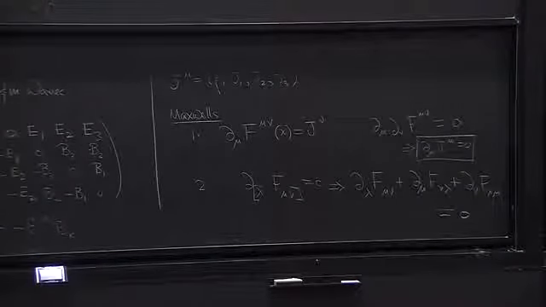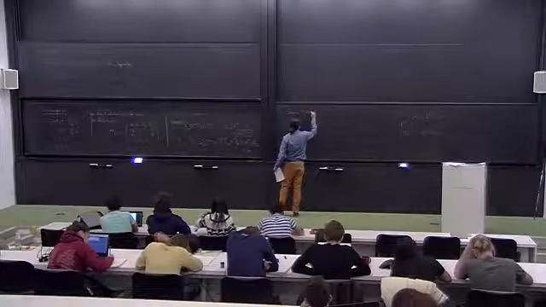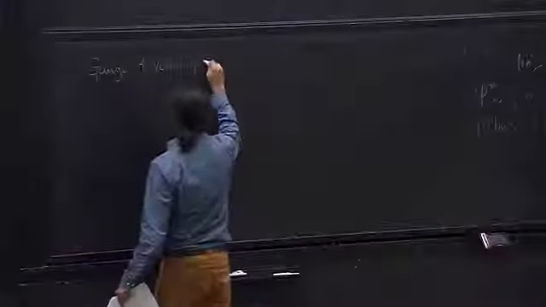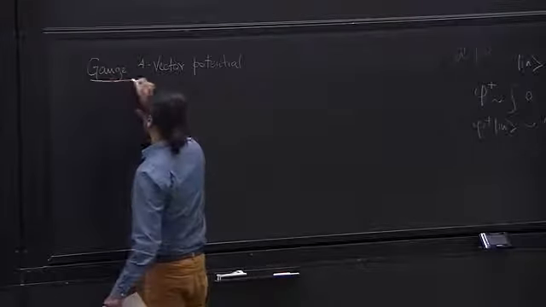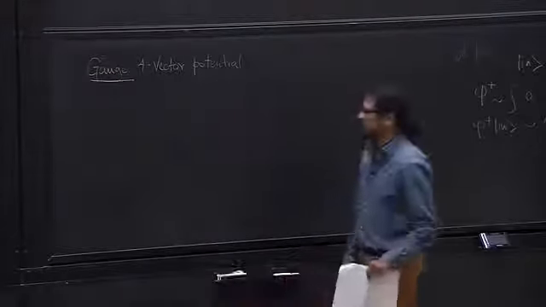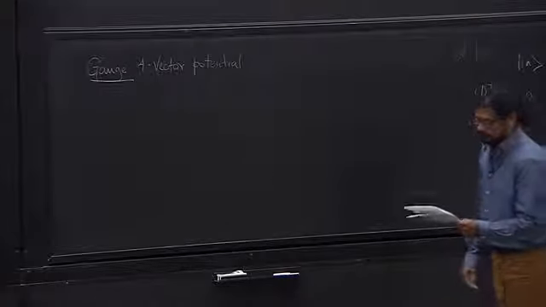There's an alternative formulation of Maxwell's equations, and that involves introducing a gauge potential. I will come to what gauge means eventually. It's a historical accident.